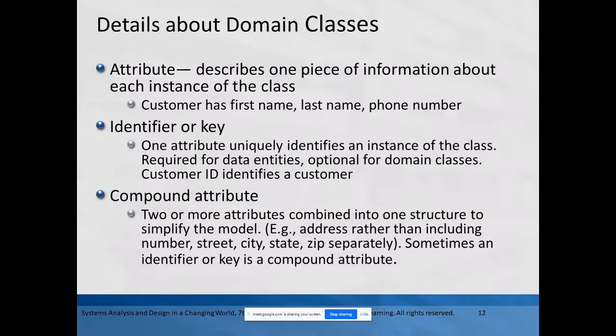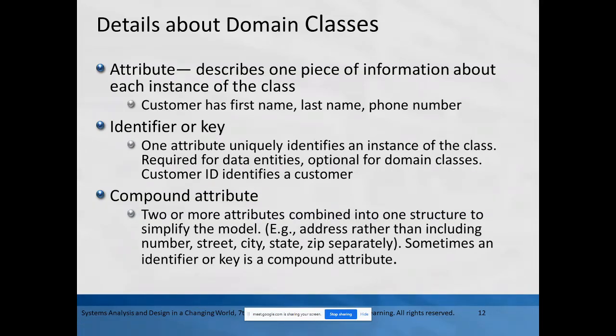Instead of being one block, it would have subfields or sub attributes for number, street, city, state, zip. This is actually quite helpful for reporting if I wanted to say, how many people ordered from this zip code, and it would be a lot more difficult to do that if I had that as one block of text.